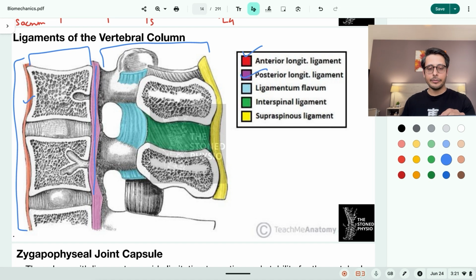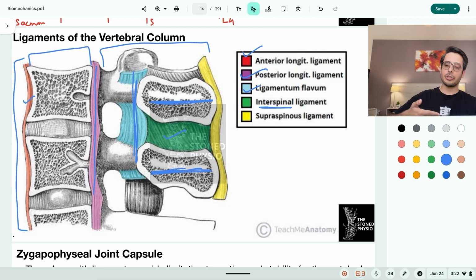Then we have the ligamentum flavum going through this. We'll discuss the attachment of the ligamentum flavum, how it goes. Then we have the interspinous. So between each spinous process, we have the interspinous ligament, which is kind of over here. So this is the spinous process of this vertebra, and this is another spinous process.